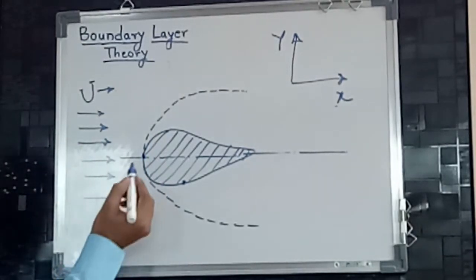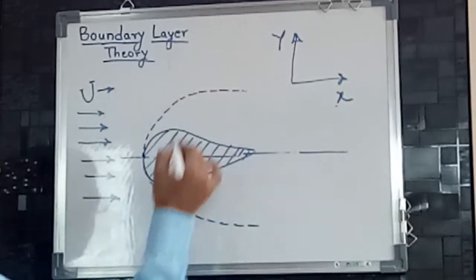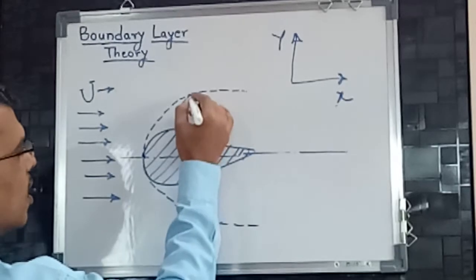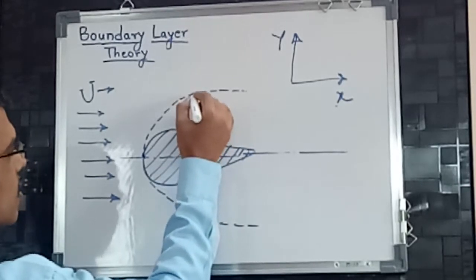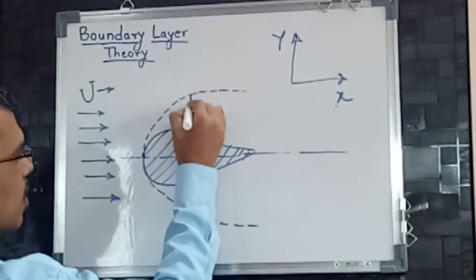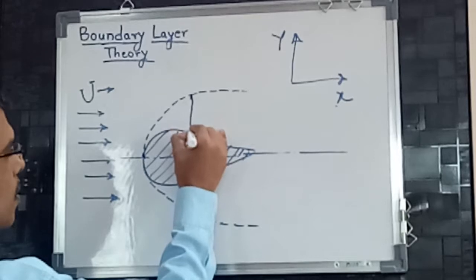Now see, whenever the water strikes this point, the velocity profile at this particular point will come like this.